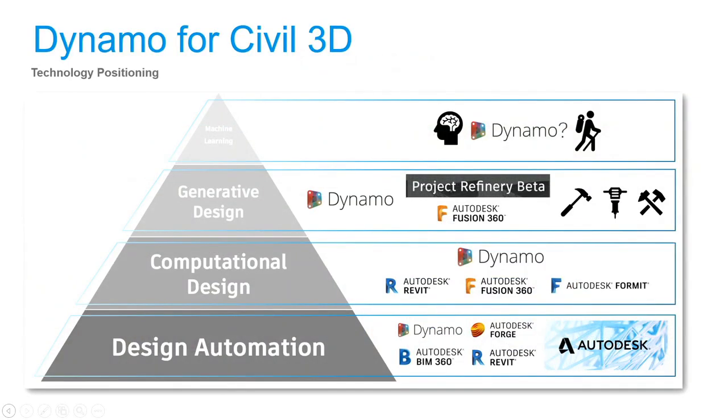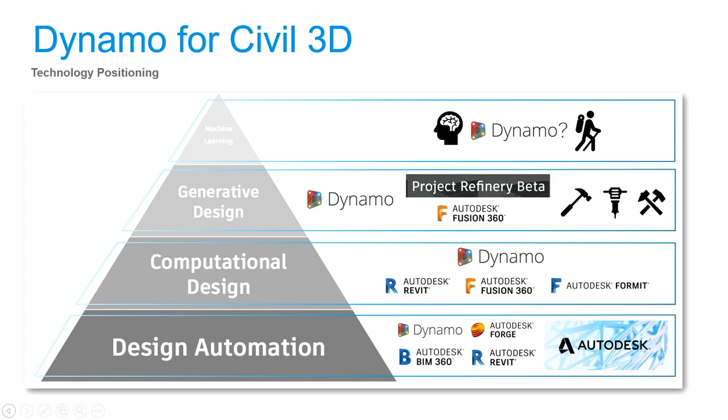If we want to dig deeper into the tools, this is how the tools line up based on the different levels of intelligence. Design automation, as I said, we all know this. Dynamo in here with some other tools, Project Refinery, and then something else in machine learning. What do you notice about this slide, the different levels? What's the common theme, the common product among them all? It's Dynamo, right?